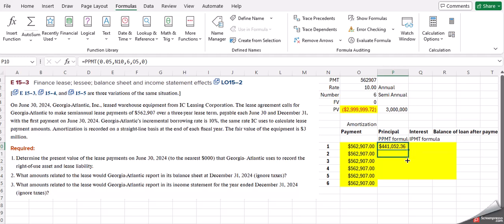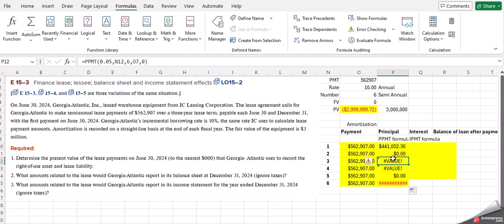And then if we carry that down, it should do it because, wait, let me make sure. Okay, I see what it's doing.